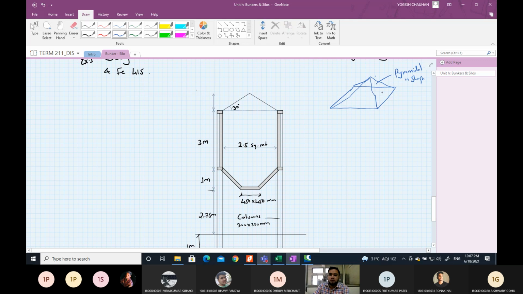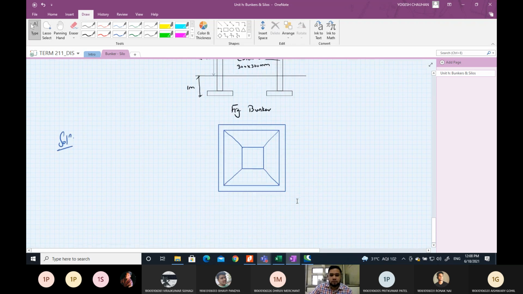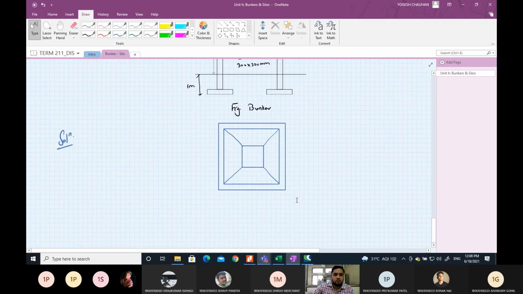So you have to find the volume of this pyramidal. This is bottom open.